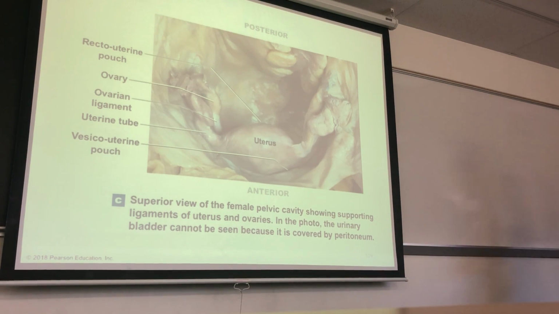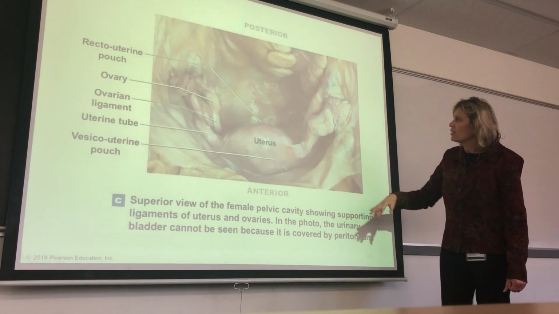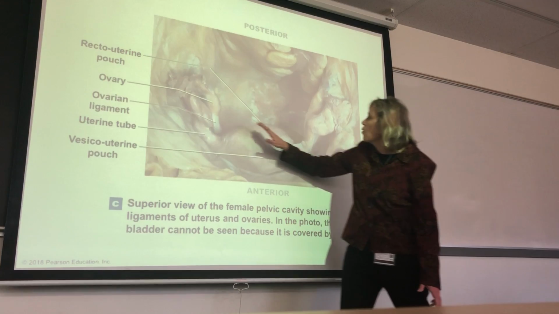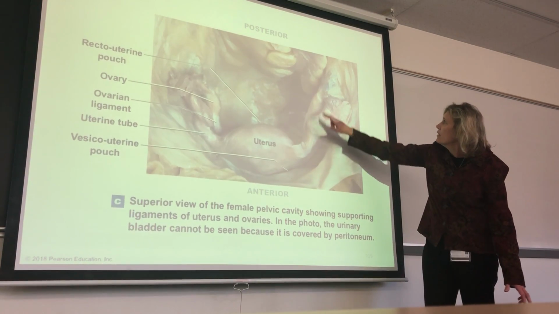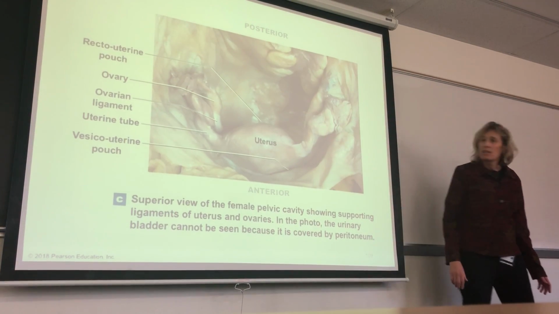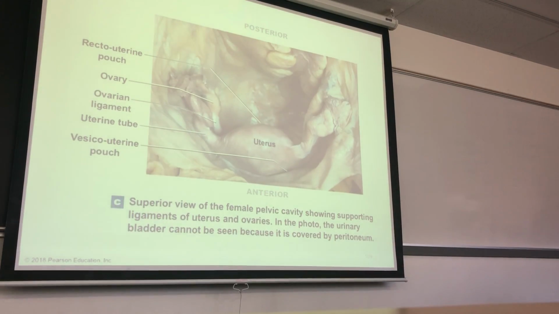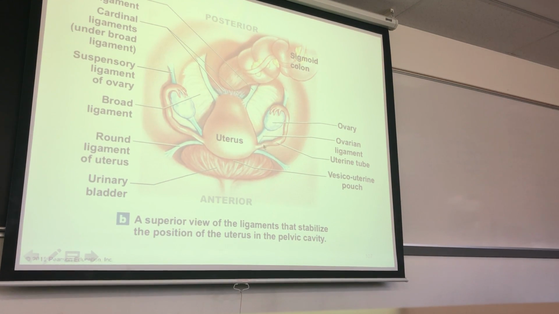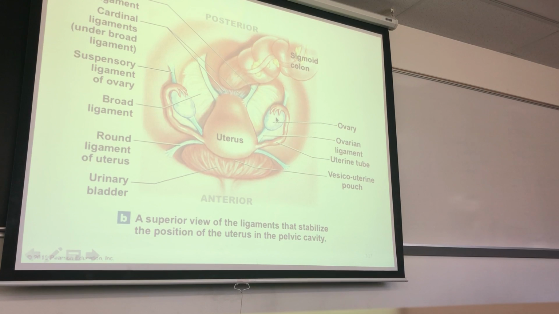So we're looking down, here's the uterus, there's the uterine tubes, there's the ovaries right there. One like this: there's the uterus, uterine tubes, there's the fimbriae, there's the ovary, there's the ovarian ligament, here's the broad ligament. All of these ligaments you have to know on the lab.